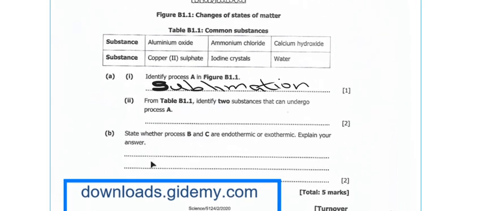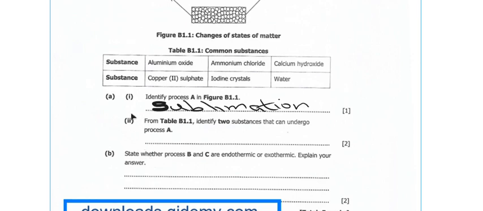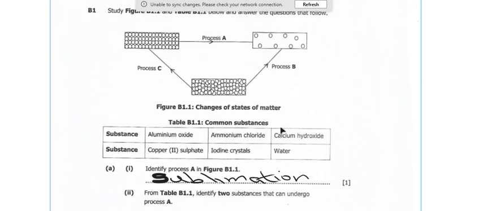Sublimation, from solid to gas, that is sublimation. Okay. Now this part: identify two substances that can undergo process A, which is sublimation.